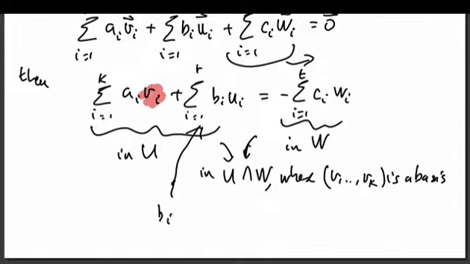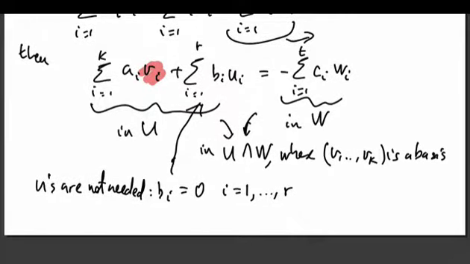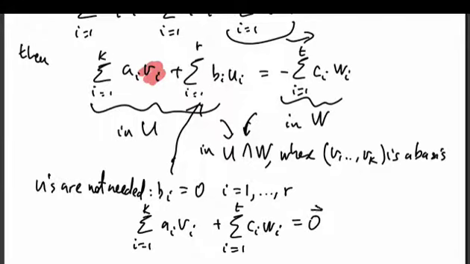So that means all the bi's should be equal to 0 because the ui's are not needed, since V1 through Vk is already a basis. That means that all the b's are zero, and then what we have is the sum from 1 to k of ai vi, plus, again, just looking at the original sum of ci wi on the left hand side, that creates the zero vector.